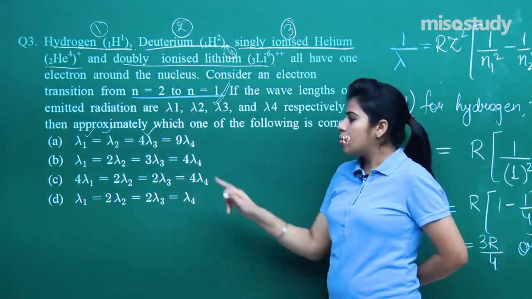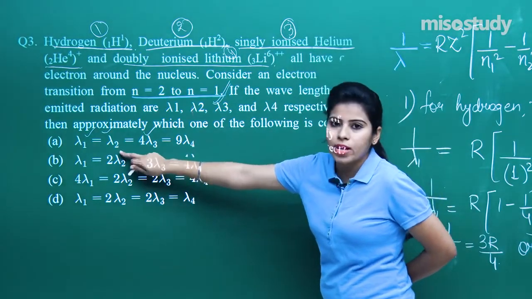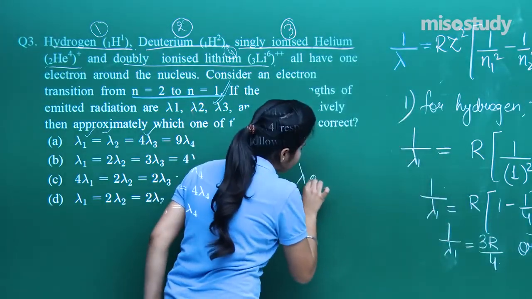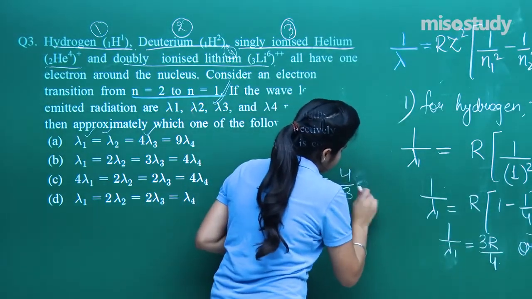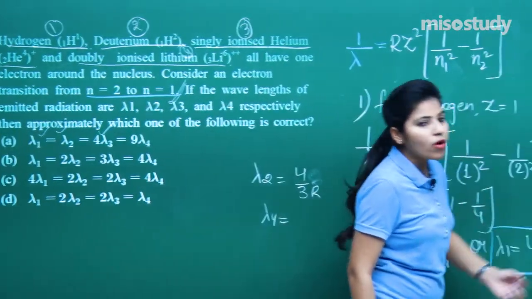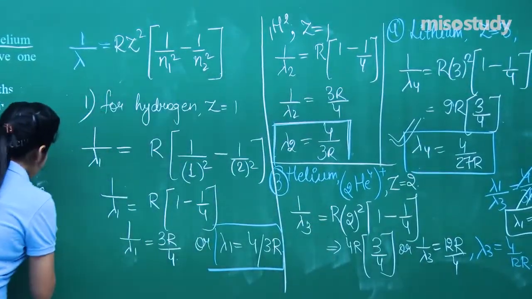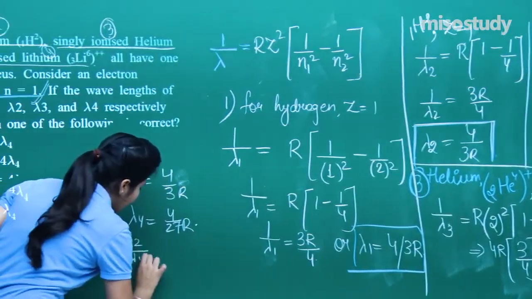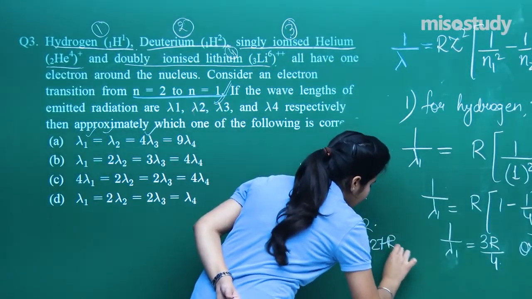Now let me check whether the other option is also correct, because now we have to tell on the basis of lambda 2 and lambda 4. So let us compare here only. Lambda 2 is 4 by 3R. Lambda 4 was 4 by 27R. So lambda 2 by lambda 4 will come out to be 4 by 3R multiplied by 27R by 4.